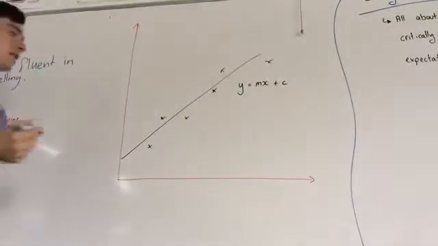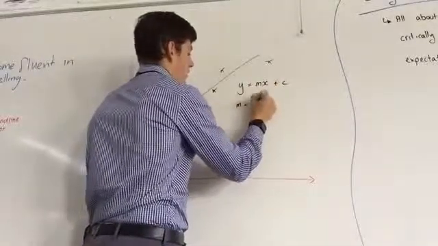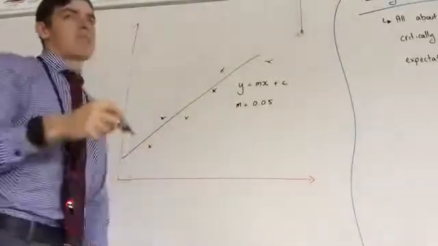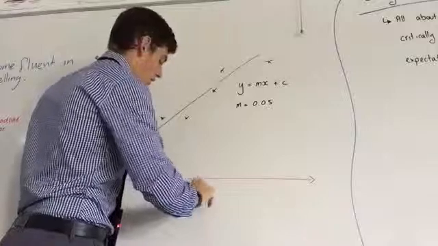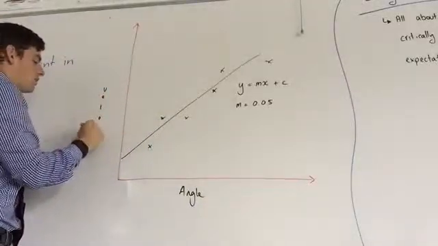Now, let's say I've calculated my gradient, m equals 0.05. What does that mean? Let's say I'm dealing with angle down the bottom here, and my y-axis is velocity.